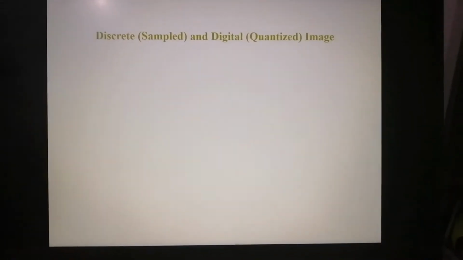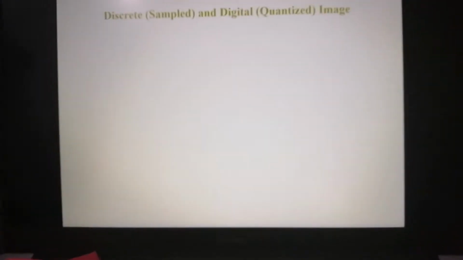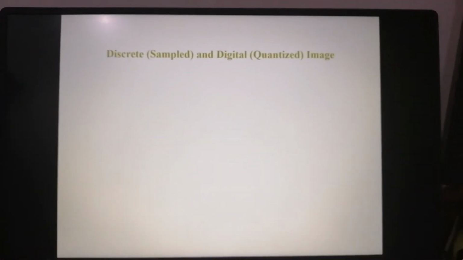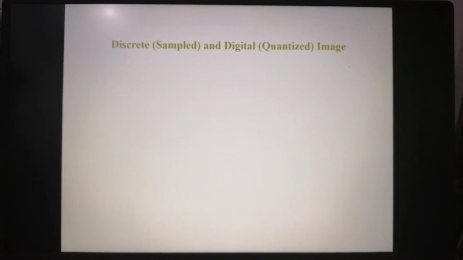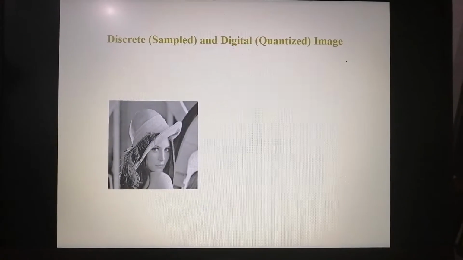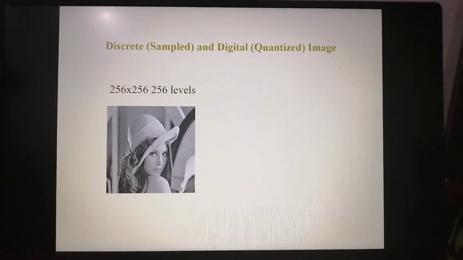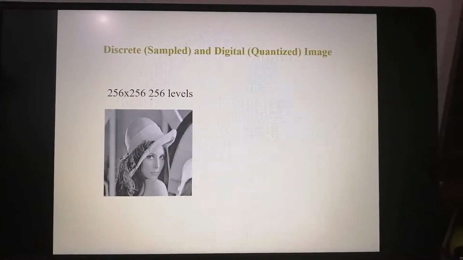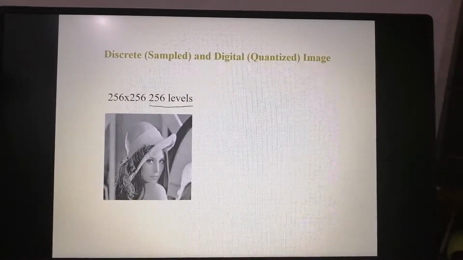Okay, now I want to show you quantized image. So quantized image, we take again the 256 to 256 punya image. Dekat sini you nampak ada 256 punya levels.